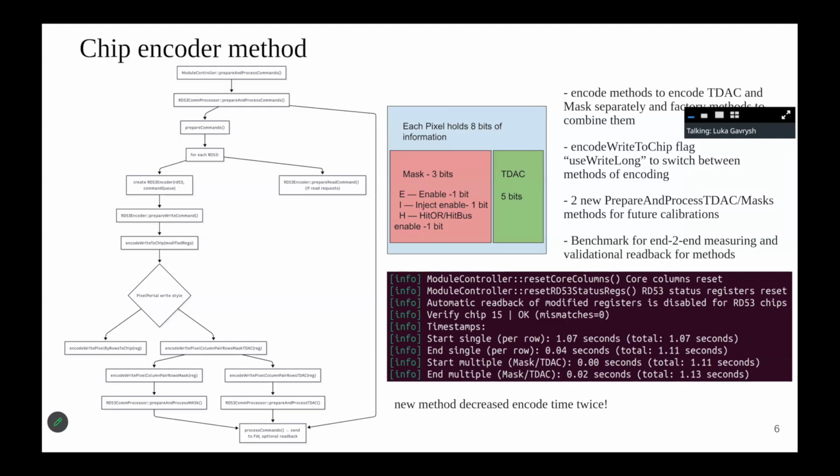If the toggle is on, the encoder switches to a fast two-burst pass that still uses the pixel portal but sends compact row-wise write long packets. First all mask rows and then all TDAC rows. Internally, I added packing routines that for every row of a column pair convert the 16-bit left-right pixel word into 10-bit words, one carrying just the 3 mask bits for left and right, and one carrying the two 5-bit TDAC values.